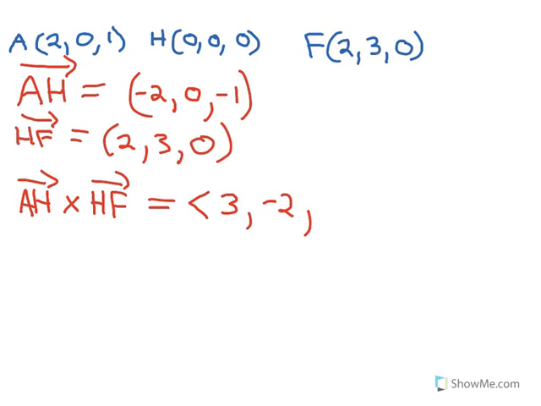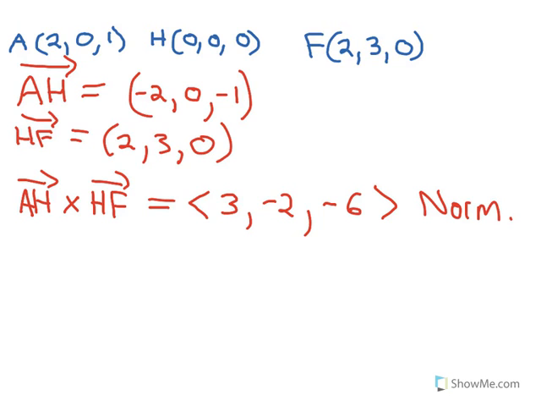And then for the last one we're going to cover up the third column and do negative 2 times 3 is negative 6, minus 0 is negative 6. Again, the cross product should be a pretty familiar formula. So now this is our normal vector to the plane that we're interested in.